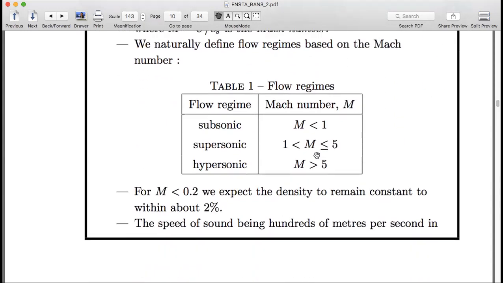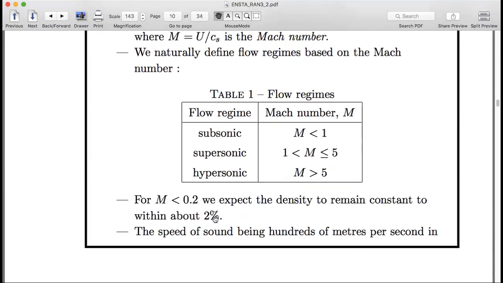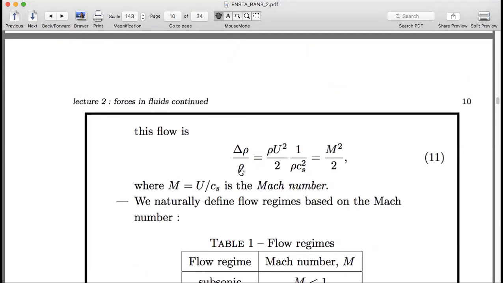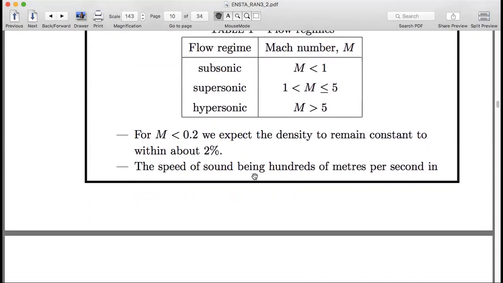So even if it's 20%, it becomes 20% of 20%, which is 4%, and then there's the half here, which knocks it down to 2%. So even at Mach 0.2, you only expect typical fluctuations in the fractional density to be of the order of 2%.